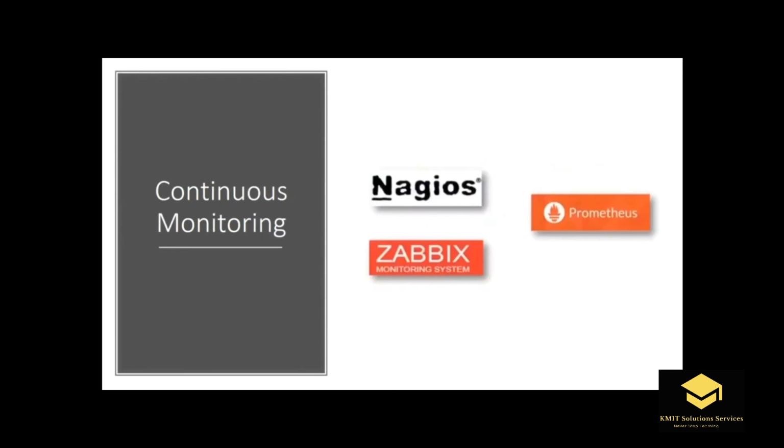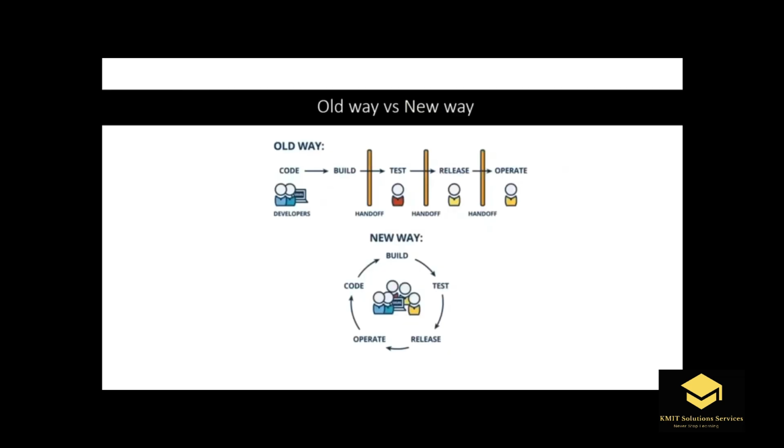For continuous monitoring, because in the end, when everything is moved to production or deployed, we use continuous monitoring. For that, Nagios is one of the popular tools used for monitoring. So let us see in summary what the old way was and what the new way is.